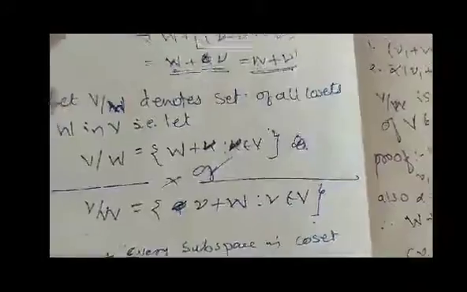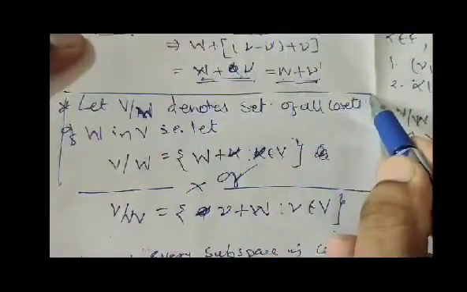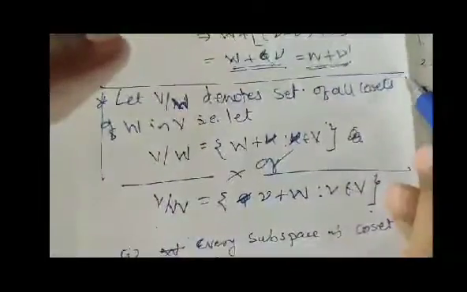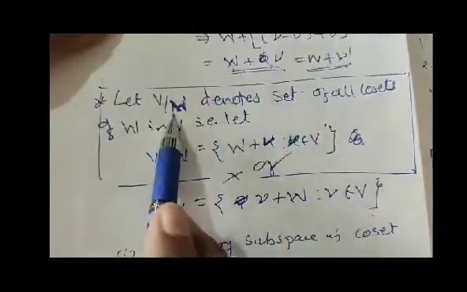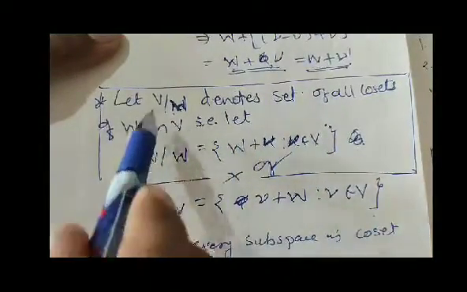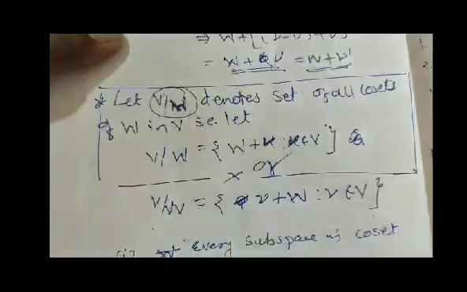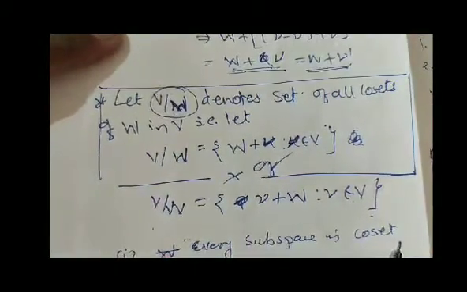Now students, focus on this one. Let V by W denote the set of all cosets of W in V. What is this? The set of all possible cosets.